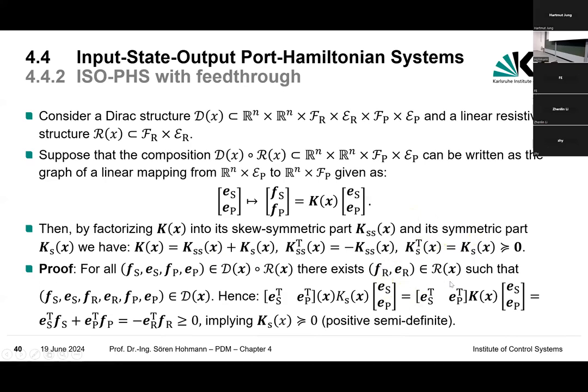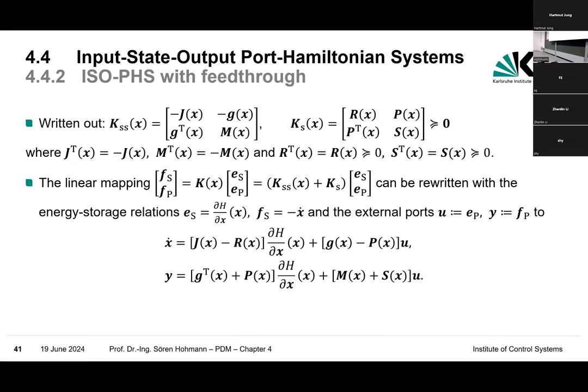And here you see the proof for it. It's not that important, believe me. It's true. And with that, we can write out the matrices and say, okay, a skew-symmetric matrix always looks like this. Whatever symbol you take, but we use J and G.